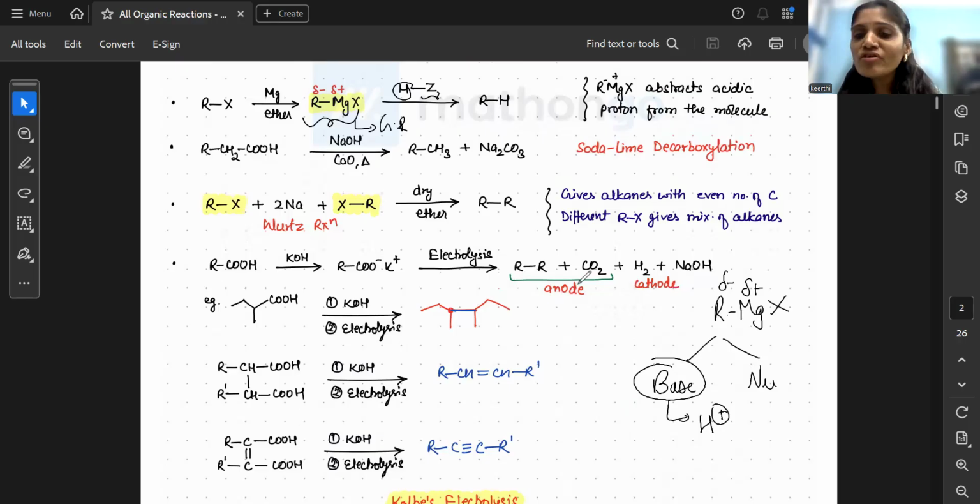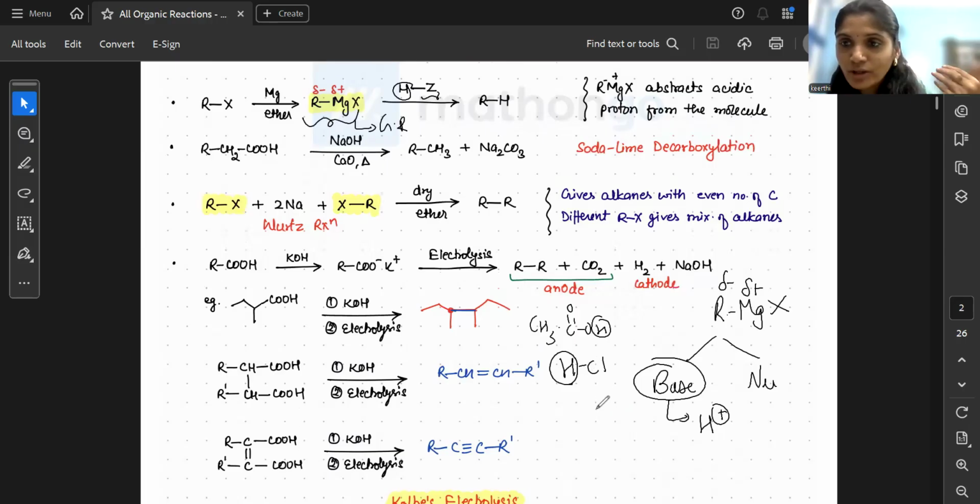Now, which compounds have an acidic proton? You can take CH3COOH, in which this is the acidic proton. Acids have acidic protons. You have HCl; in HCl, H is your acidic proton. All mineral acids have acidic protons. All weak organic acids also have acidic protons.